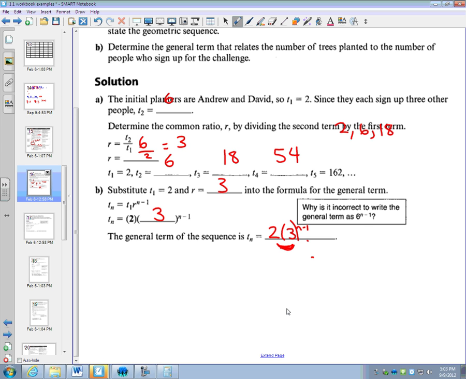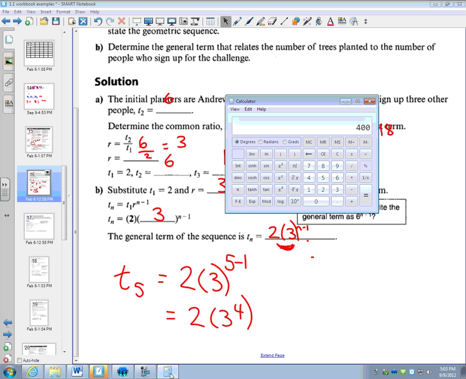To find the fifth term, we would take 2 times 3 to the power of 5 minus 1, so 2 times 3 to the power of 4. 3 times 3 is 9, times 3 is 27, times 3 is 81.